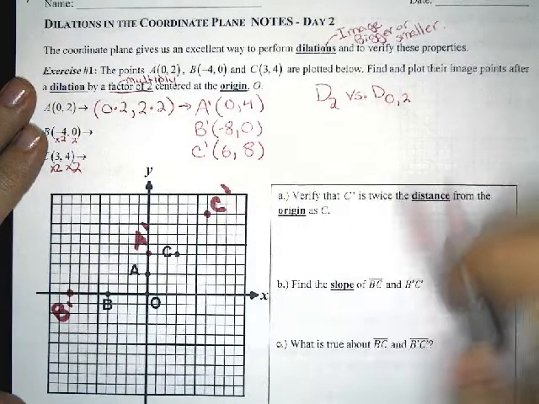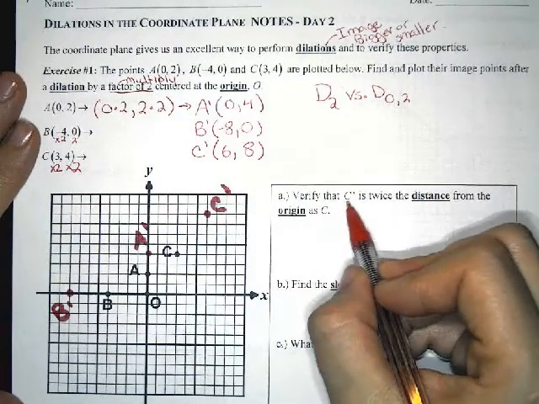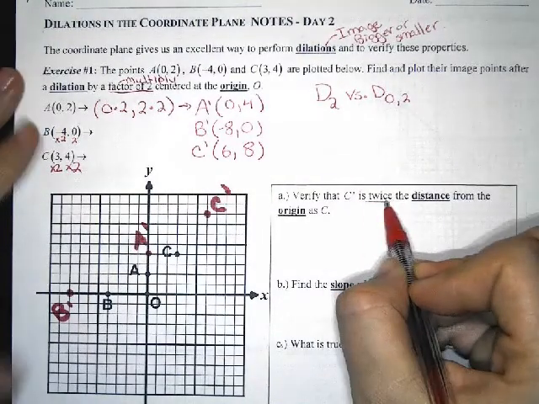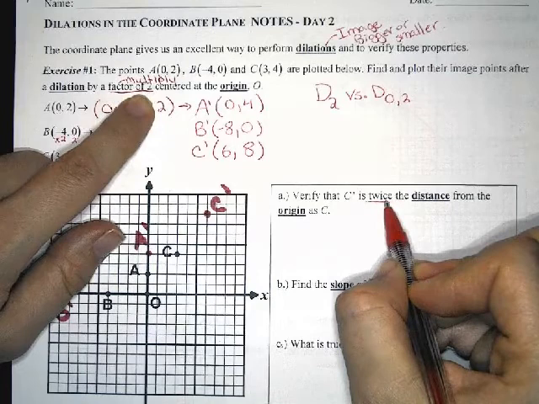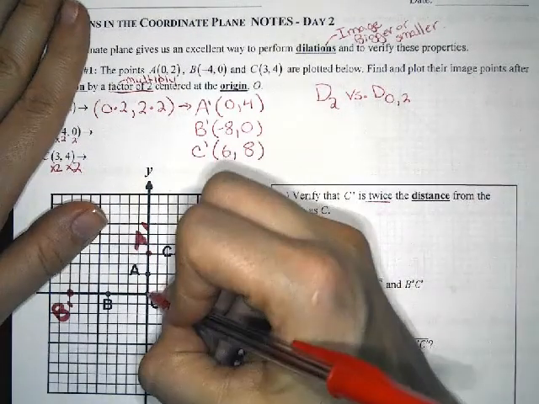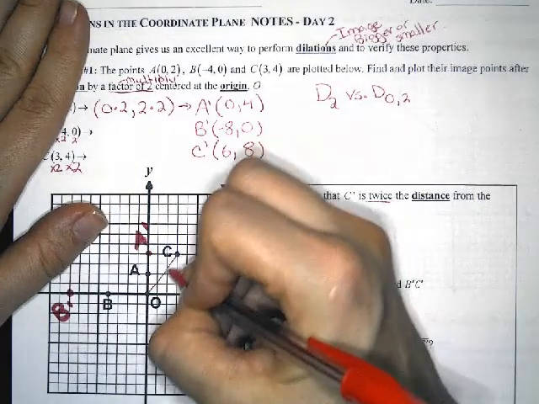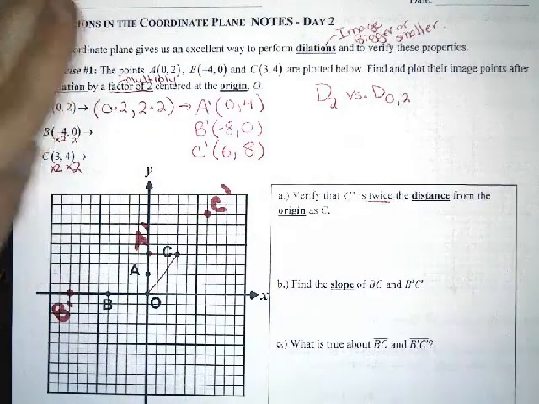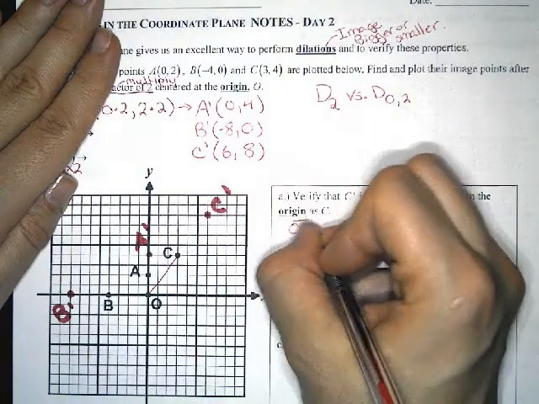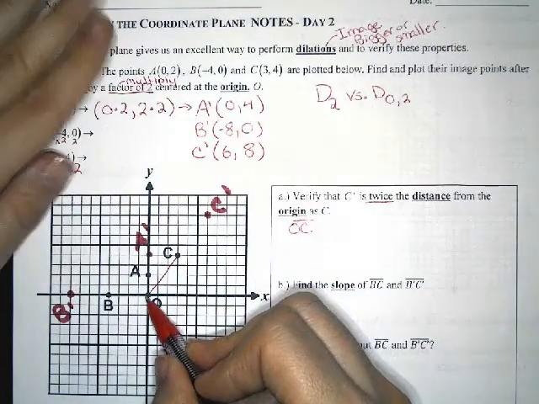Alright, so this very first question says to verify that the C prime is twice the distance, twice should look familiar from our scale factor up above, from the origin as C. So we're looking at that word distance, and we have done it before. So what we're trying to find is the distance from O to C, which O is the origin in this case.